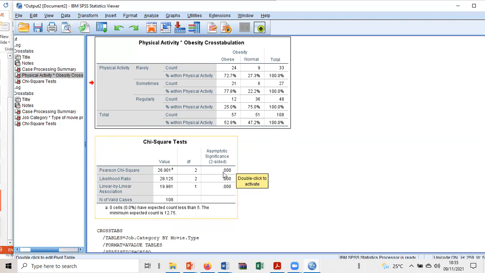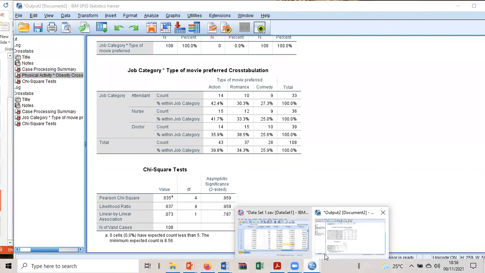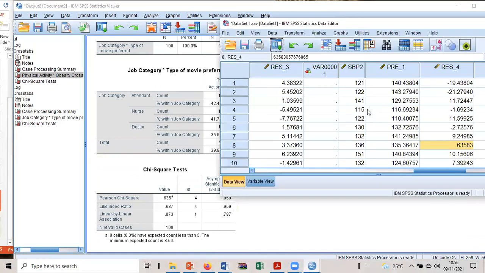Otherwise, the result is not valid. Over here, the minimum count is also more than 1. Test is valid, but it's not significant.